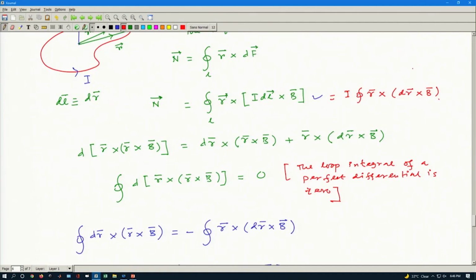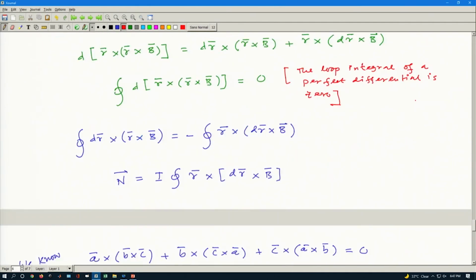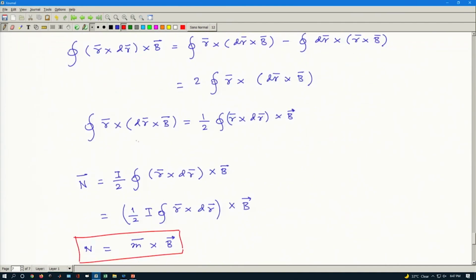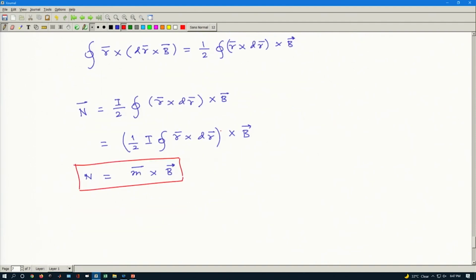This is finally replaced here, r cross with the half of r cross dr cross B, and eventually we find our magnetic dipole moment. So, my torque becomes the magnetic dipole moment cross the magnetic field that is there.